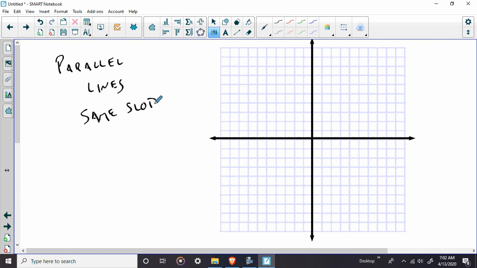Okay, so let's take a look at an example of a line with a slope of 2/3. So say y is equal to 2/3 x plus 3, and y is equal to 2/3 x minus 5. These two lines have the same slope.